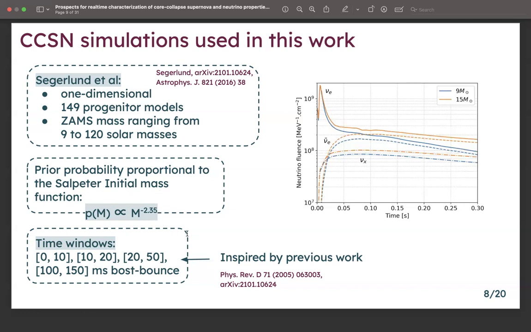And what we will look at are the time windows that I mentioned here. So I showed you in a few slides before that this 0-10 millisecond window includes the neutronization peak, and that in order to have more statistics, we include some intervals after that. And finally, this interval that is part of the later accretion phase. So all this is inspired by this previous work and really worked out for us as well.